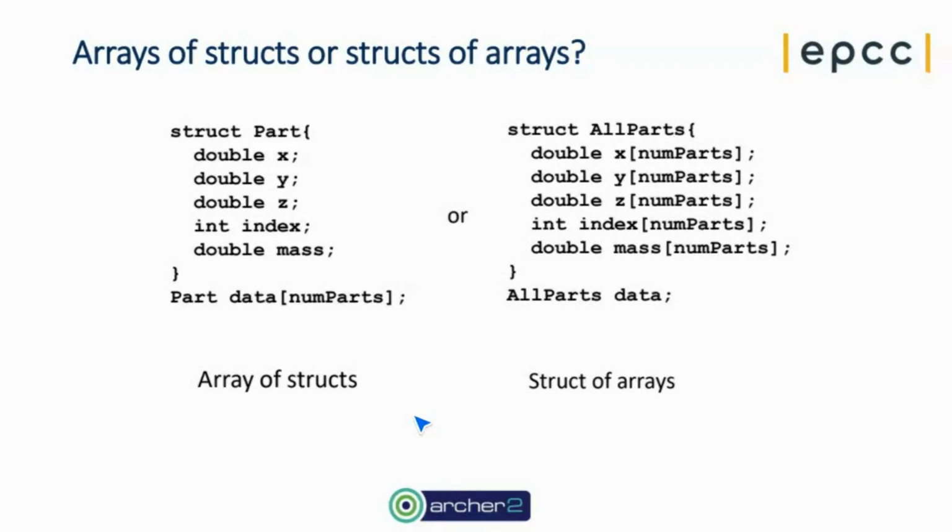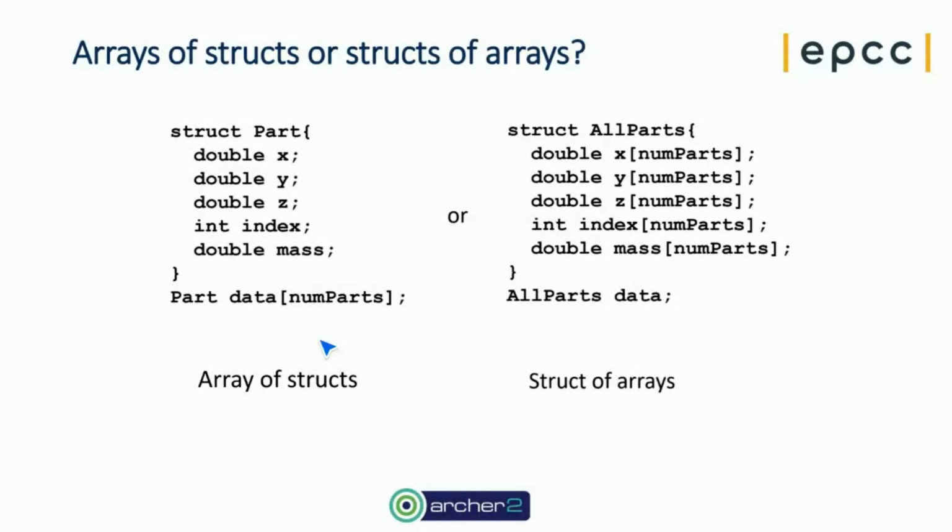So when we're using structs or derived data types like this, we often have a choice about how we lay out our data, because often there's not just one struct, there's a whole lot of them. So it would be natural to have, for example, an array of structs.